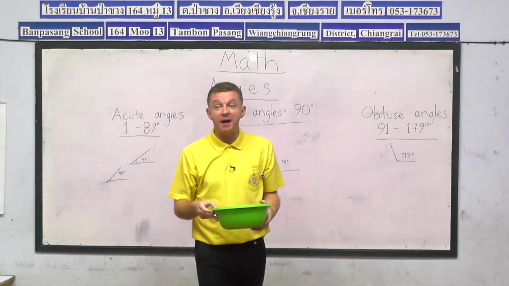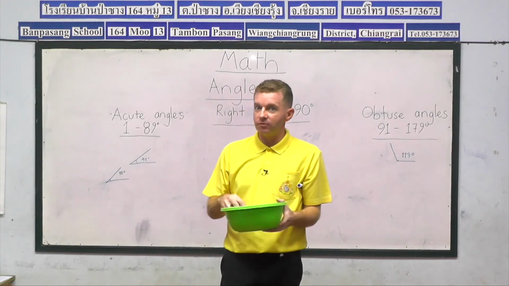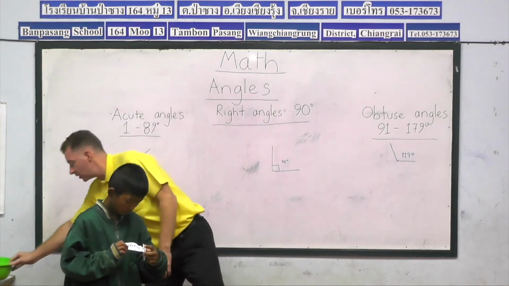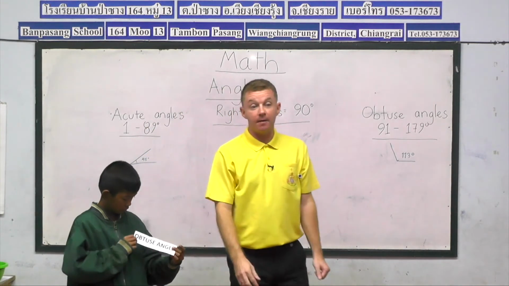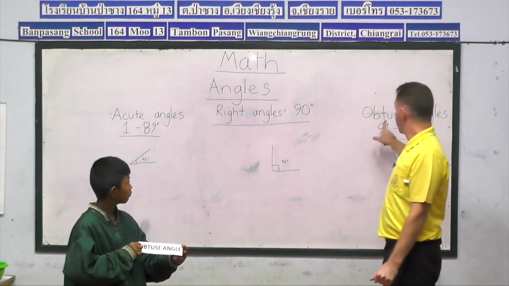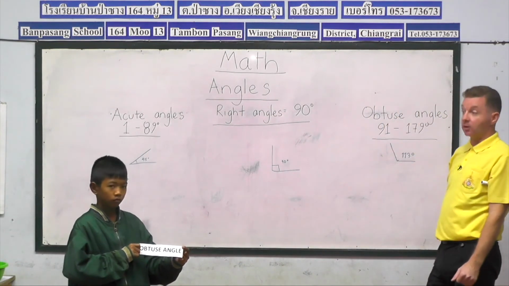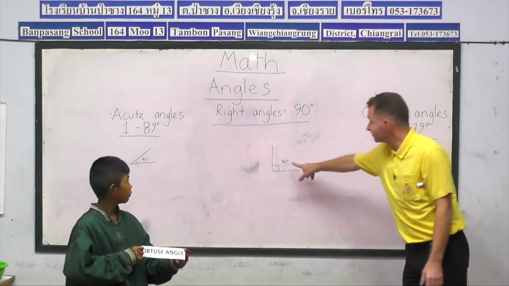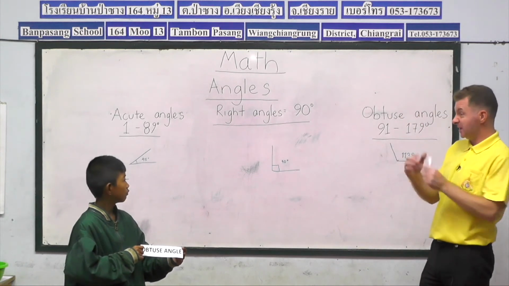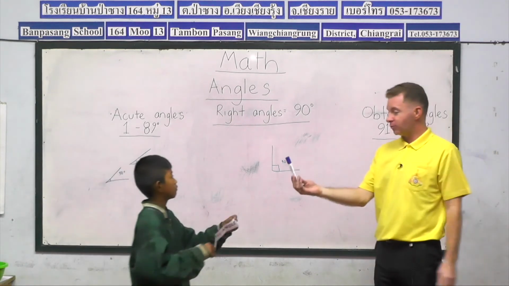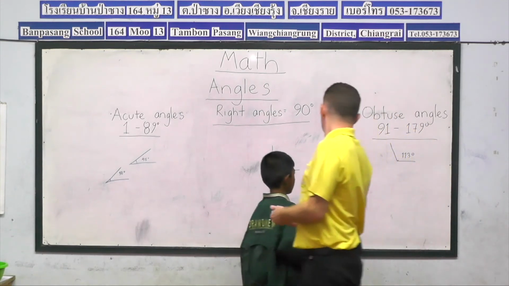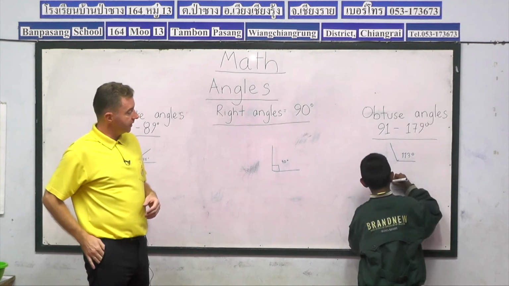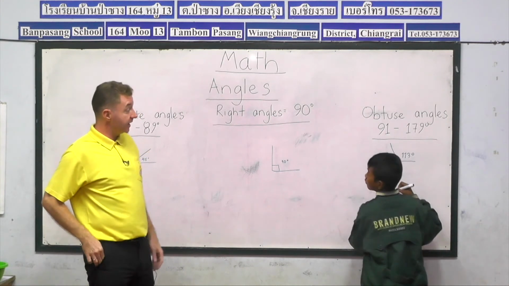It's the turn of Pat. So Pat, come and join me at the front of class. Okay, and show the flashcard to your friends. Now, Pat's flashcard says obtuse angle. Okay, so Pat, similar to Chu, you need to draw an angle that's more than 90 degrees. Okay, so quite a large angle. Can you draw one for me? Chu's was 113 degrees. Pat's will be, I think again, a little bit bigger.